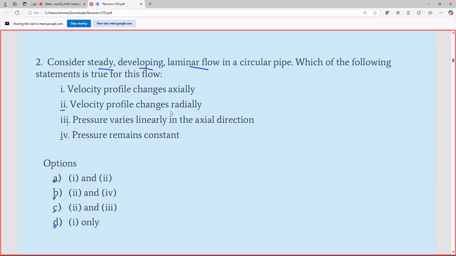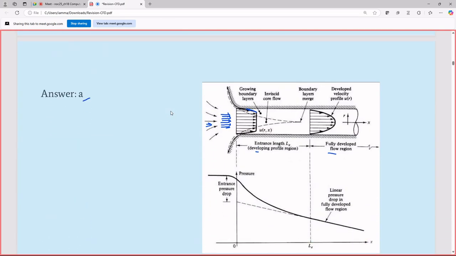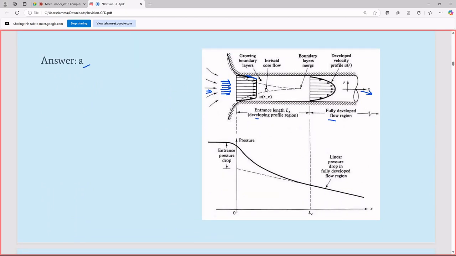X is the axial direction. This is the velocity profile at the entrance, but reaching here, it becomes entirely parabolic. So the velocity profile changes axially. That's a true statement.